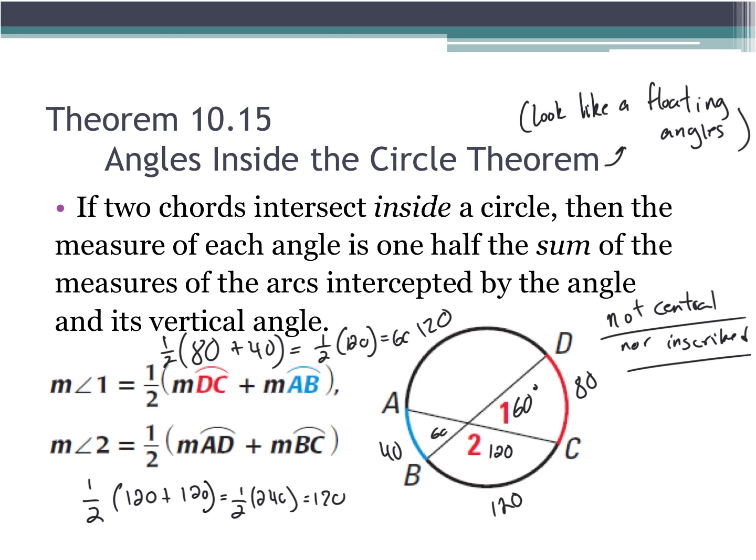Now these are vertical angles, so they're going to be congruent to each other. But another way you could have gotten angle 2 is by doing 180 minus 60, and we would get 120. The reason you can do 180 minus 60 is because it's a straight line, and the angles on a straight line add up to 180 degrees because they're supplementary, so you should be able to solve it either way.